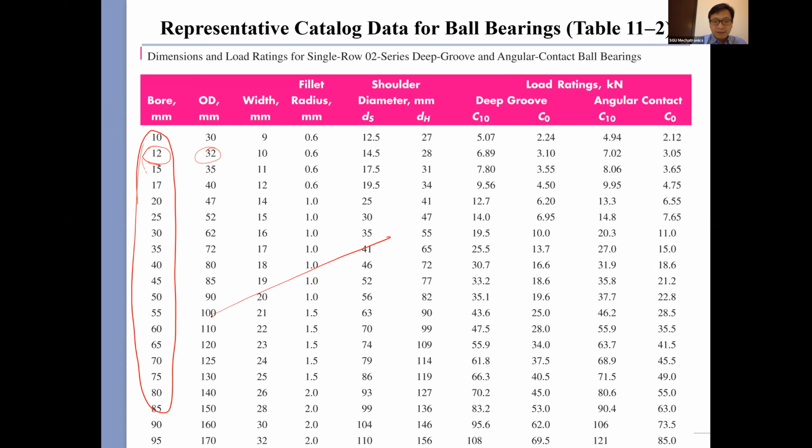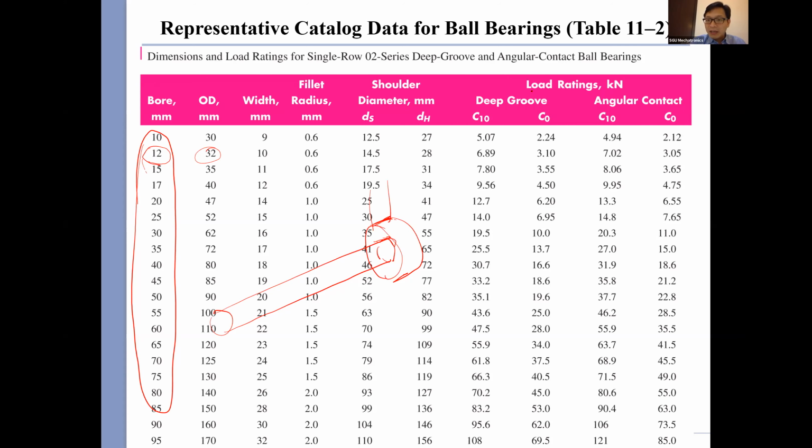If this is your shaft, this is going to be the bore, and the bearing will be larger than that. So this is the OD, and there is the ID. Bore is ID, basically. Width is the width of this. These are just dimensions of the bearings.